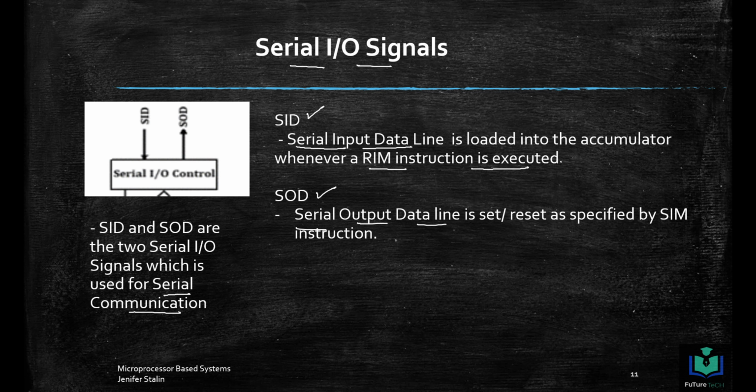Similarly, we have SOD, which can be set or reset as specified by the SIM instruction, that means set interrupt mask. So based upon the RIM and SIM instructions, the result of SID and SOD may vary.